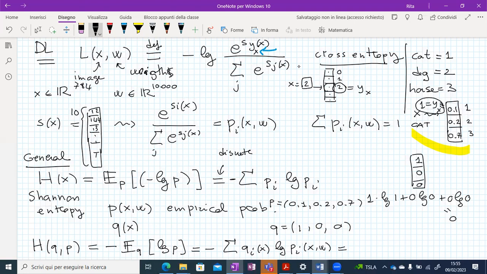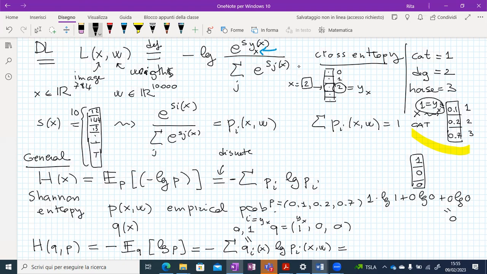But let's write it more extensively. Remember that Qi is equal to 0 or 1, and it is equal to 1 only when the index i is equal to Yx, the index of the true label.